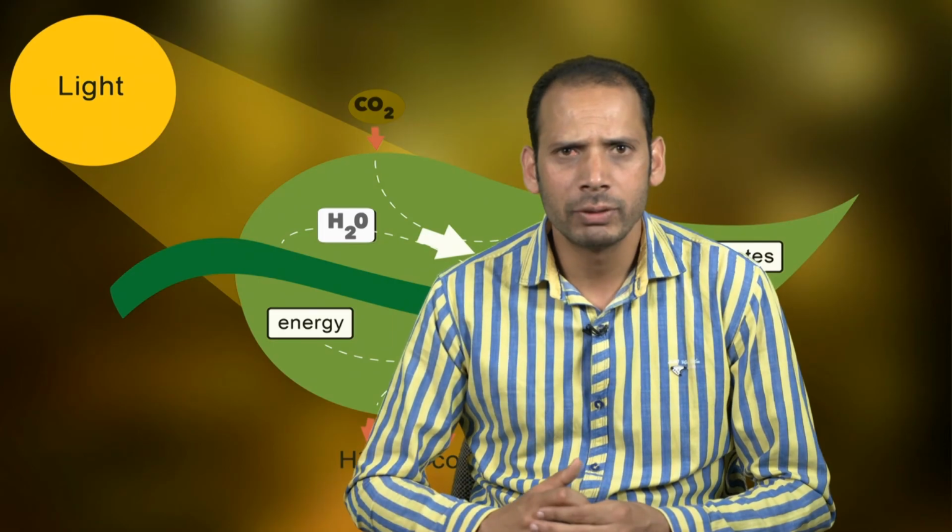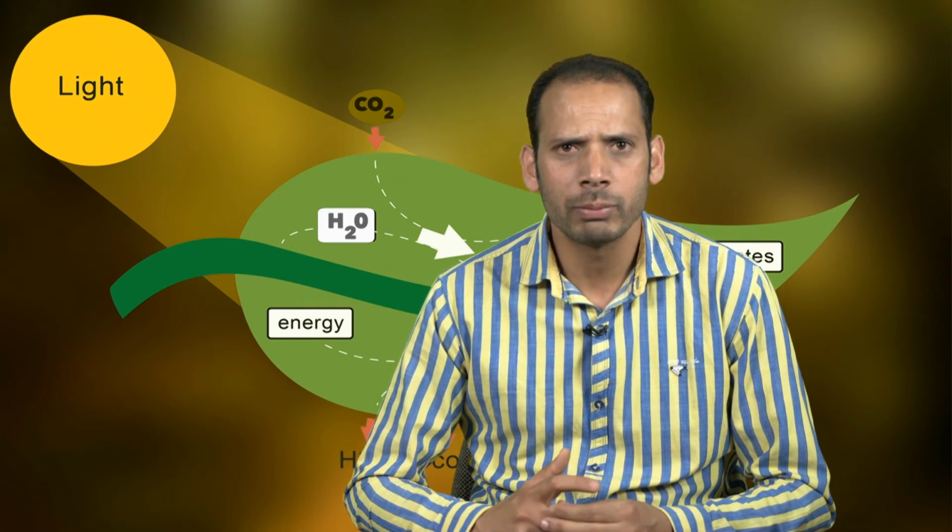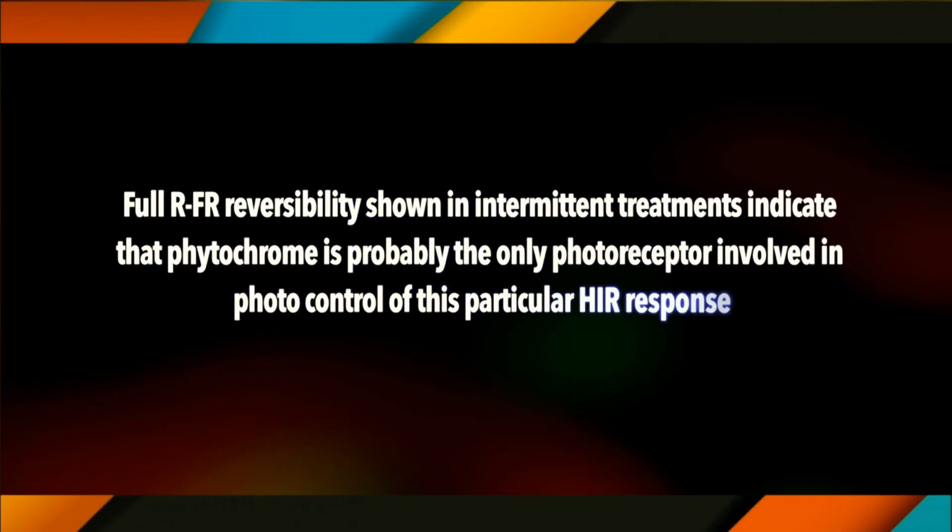The equivalence between intermittent and continuous treatments and the full red far red reversibility shown in the intermittent treatments indicate that phytochrome is probably the only photoreceptor involved in the photo control of this particular HIR response.